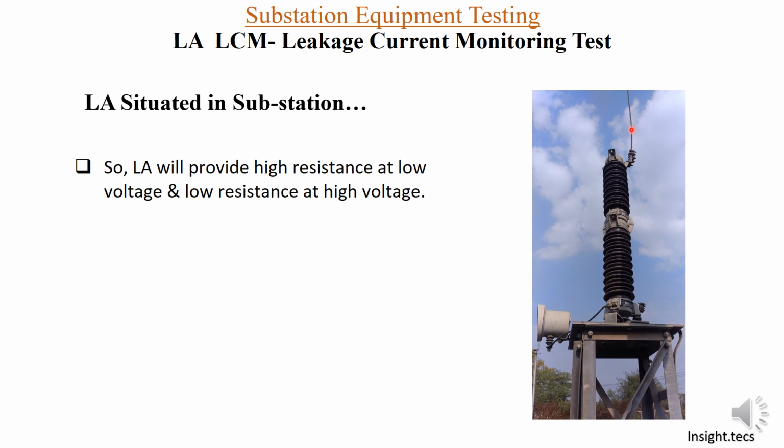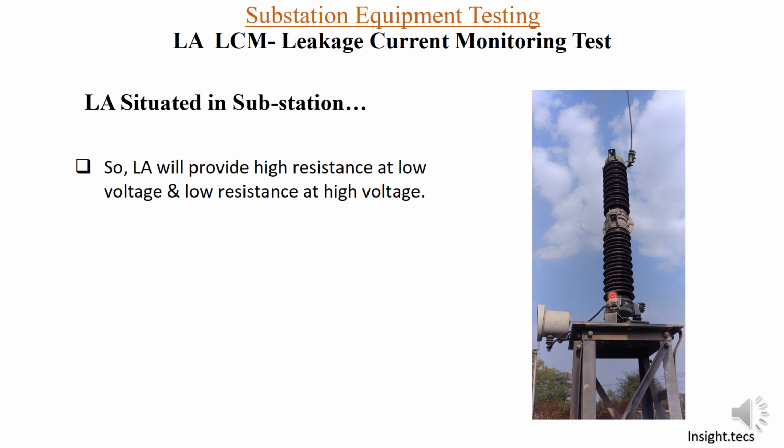It can be any conductor for which this LA equipment is used. This is the zinc oxide LA. This is the LA counter that is connected through a cable to the LA, and the other end is earthed. Basically, for any kind of surge we earth that surge.